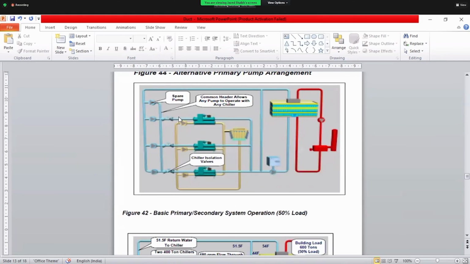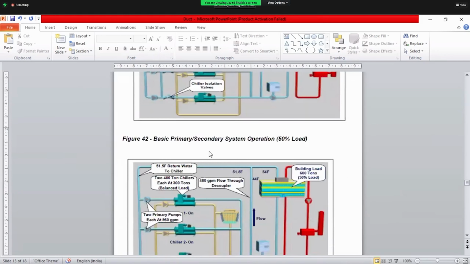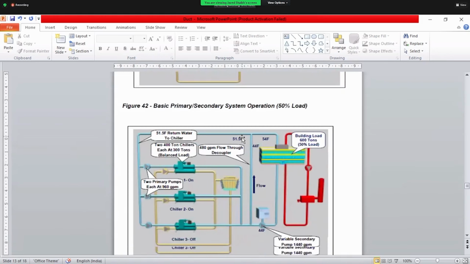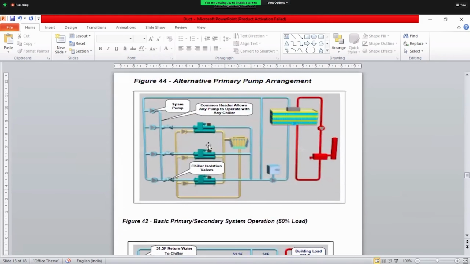So you can see here, in a secondary circuit we have primary pumps and also a secondary pump. The secondary pump serves the load. This is a secondary circuit and this is a primary circuit here. So what happens here?